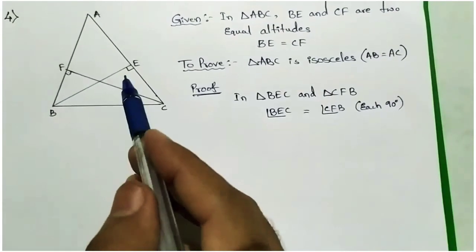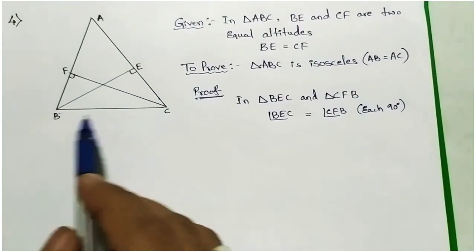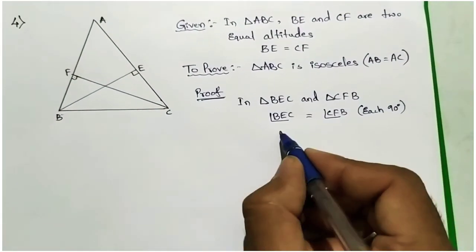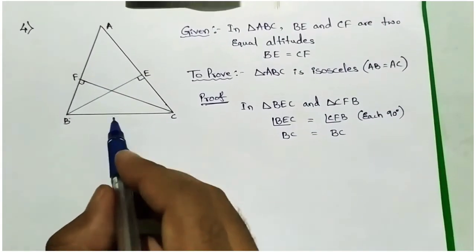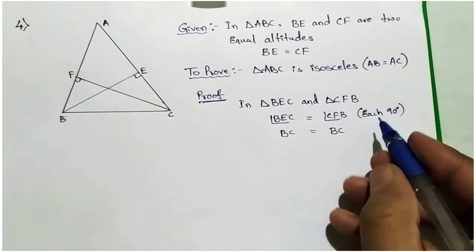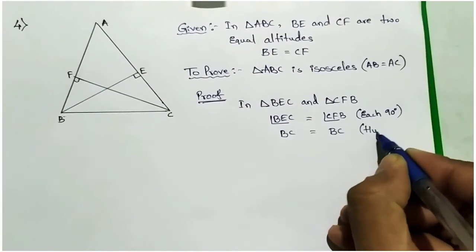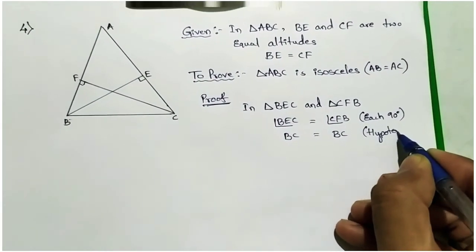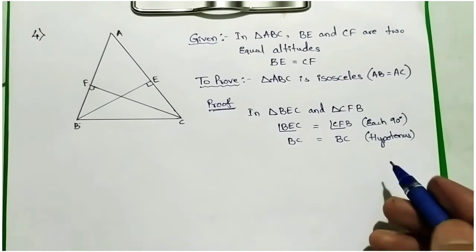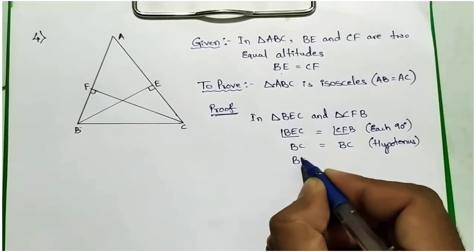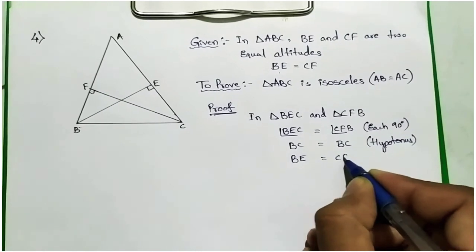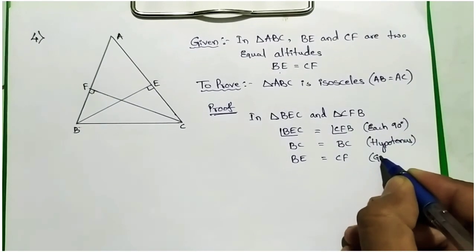Okay, and both have BC as their base. So BC equal to BC. Here BC is opposite to the 90 degree, so we can say that it is the hypotenuse. Another thing is given, BE equal to CF. What have they given?